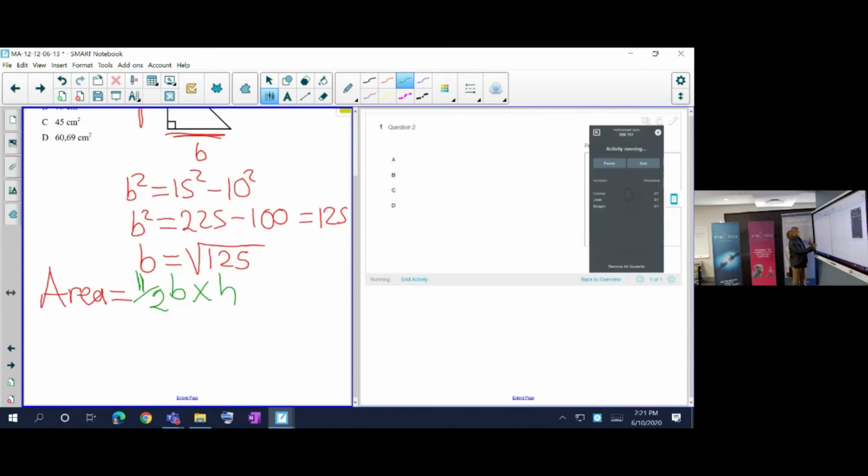You see that I can have half of B, the B is the square root of 125, times the height, which, as we saw on the diagram, was 10. So you can use your calculator to get your final result, which is part of the answers we have here.